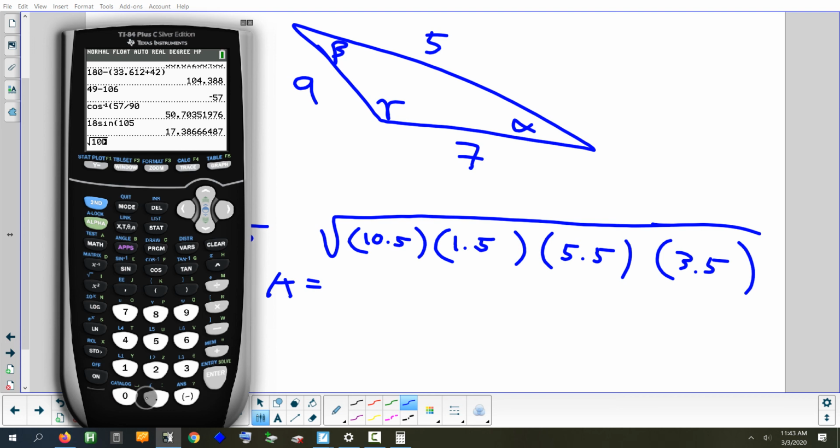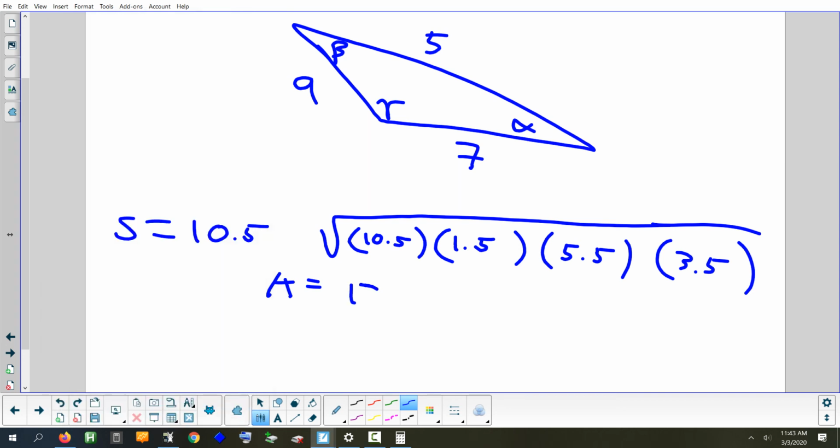So square root of 10.5 times 1.5 times 5.5 times 3.5. So the area is 17.412. And what should I put on that? I don't know. Did I have units in the original problem?